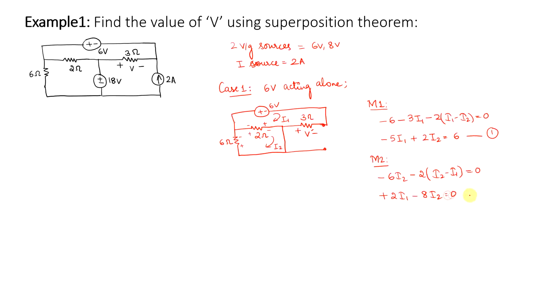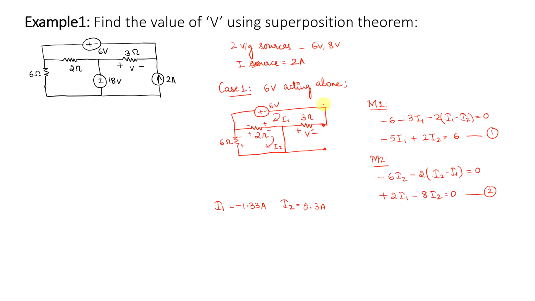Solve these two equations and see what you get as the values of currents I1 and I2. The value of current I1 is minus 1.33 amps and the other one is 0.3 amps, right? For us the value of I2 is not that much to be worried about because we want to determine the voltage V dash in this case, right?